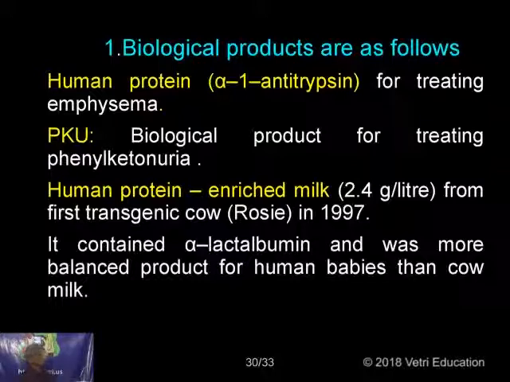Biological products are as follows: human protein alpha-1 antitrypsin for treating emphysema. Then there is a biological product for treating phenylketonuria, PKU. Human protein enriched milk, 2.5 grams per liter, from the first transgenic cow, Rosie, in 1997.